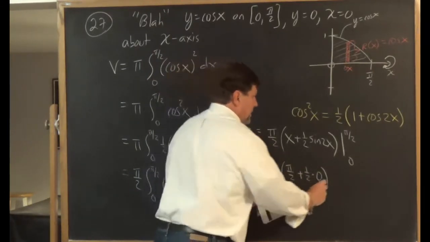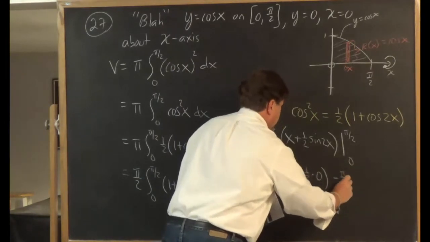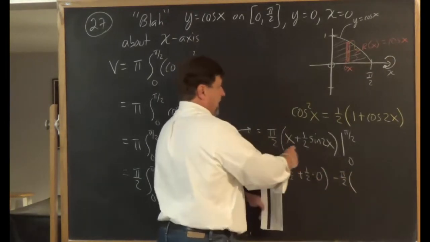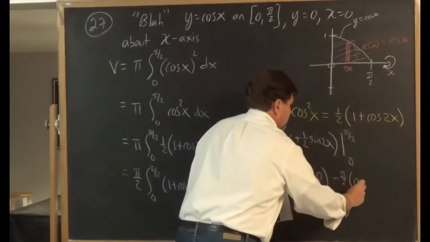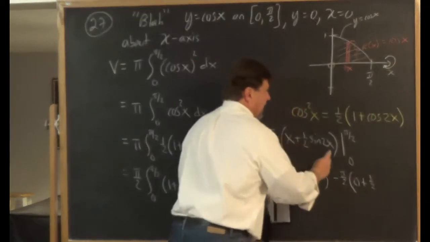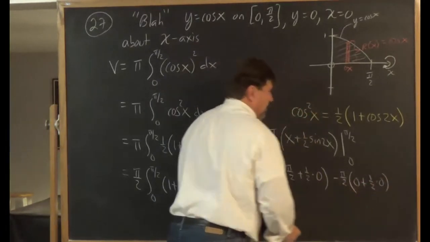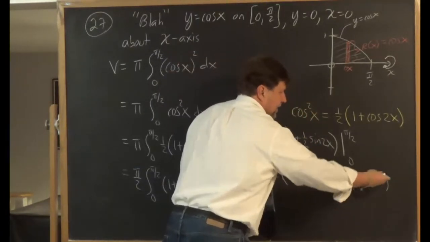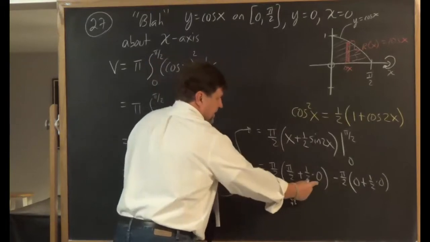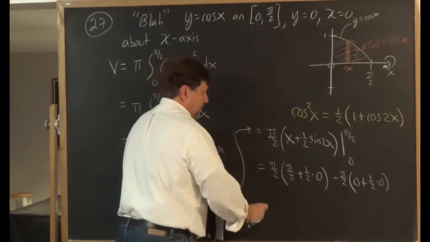That's not too bad. Minus pi over 2 times, okay, 0 comes in for x, so you get 0 plus 1/2. 2 times 0 is 0. The sine of 0 is 0. So all of this here ends up being 0. So you just have pi over 2 times pi over 2.